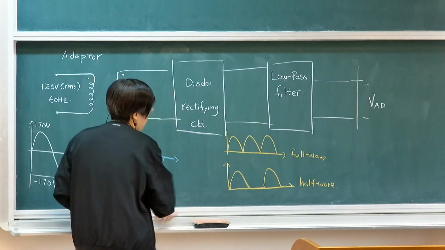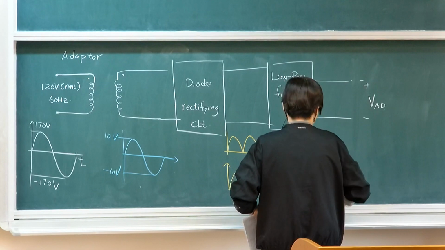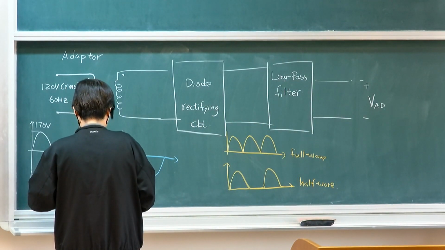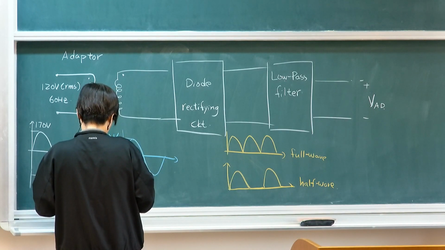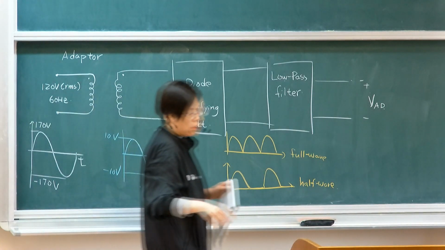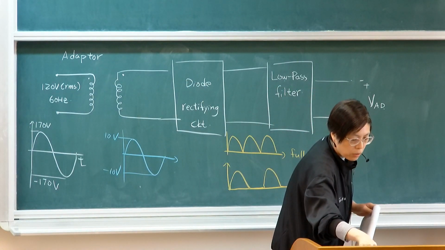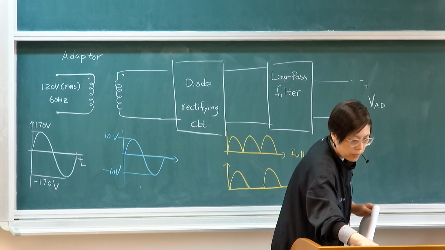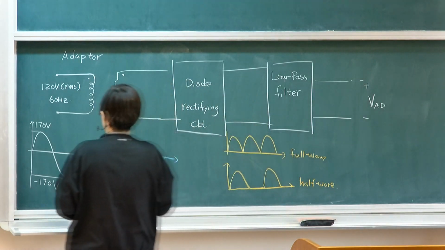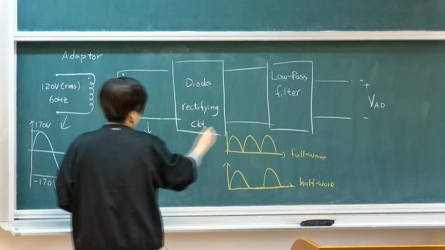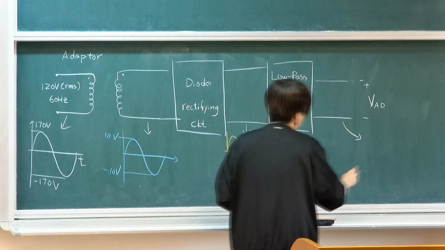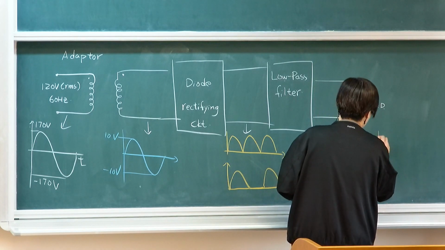So what do we expect when we pass this low-pass filter? It will look something more like this. At this level, you're assuming your adapter output will look something more like this.